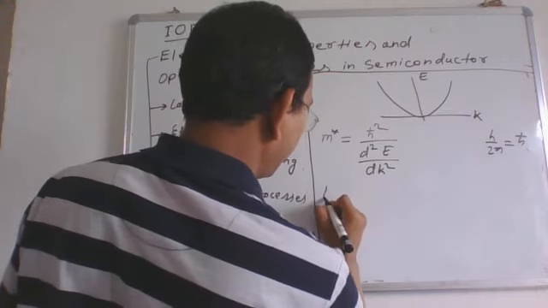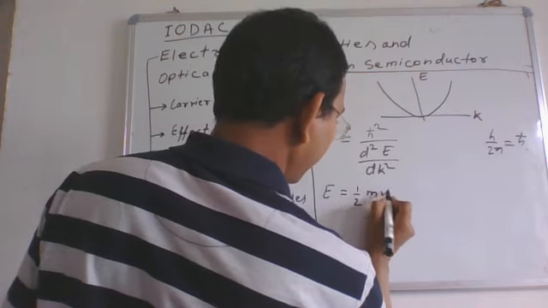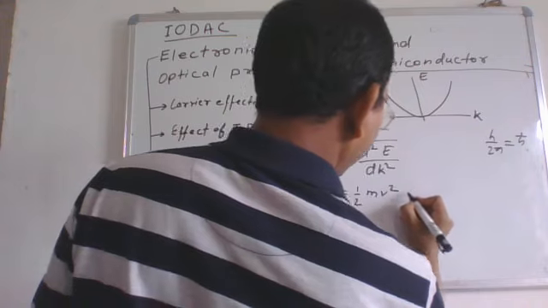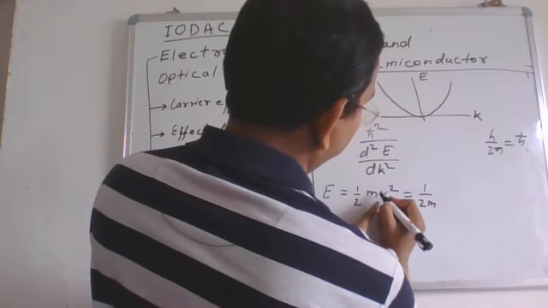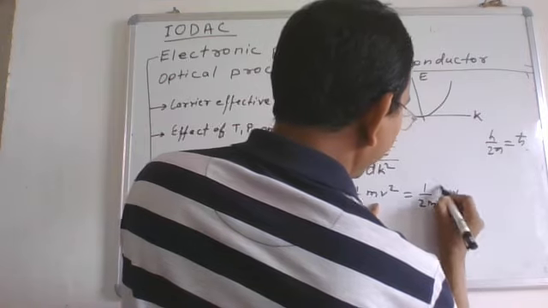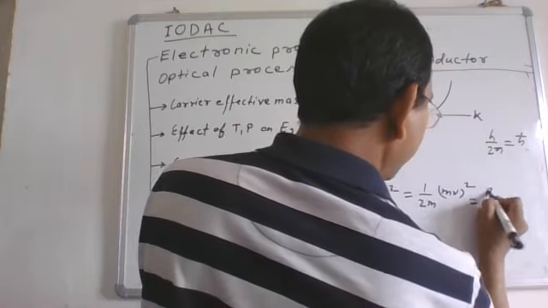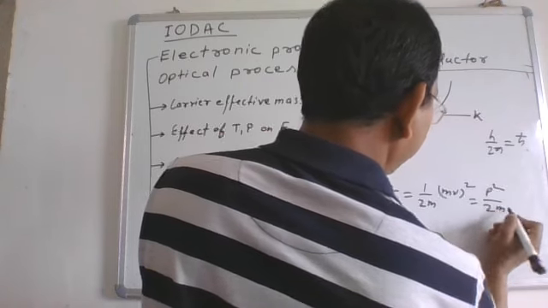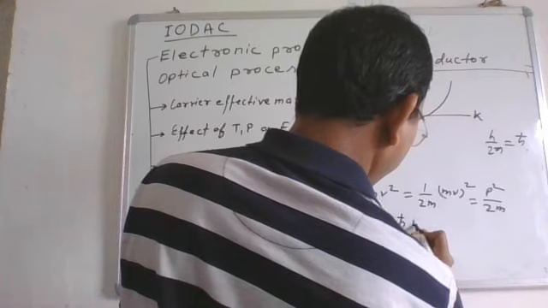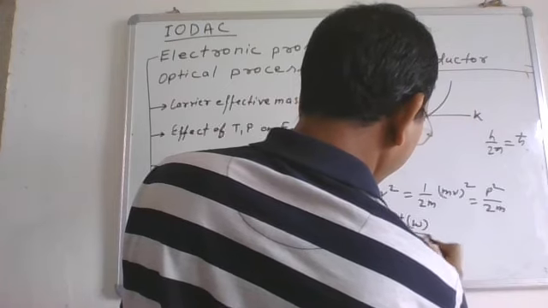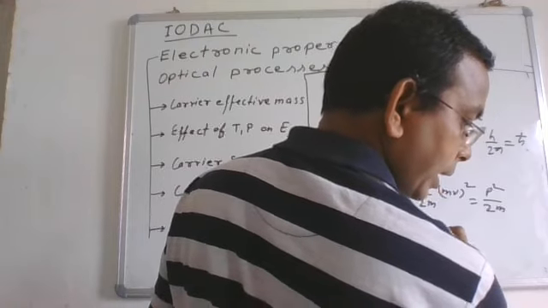The proof of this: energy of electron is nothing but half mv square, and we can write this as 1 by 2m, and we can multiply 1 by m at the top. It is mv square. mv is nothing but the momentum p, so we can write p square by 2m.